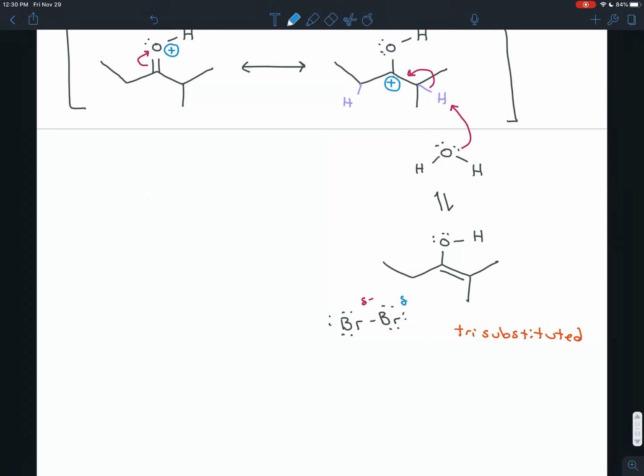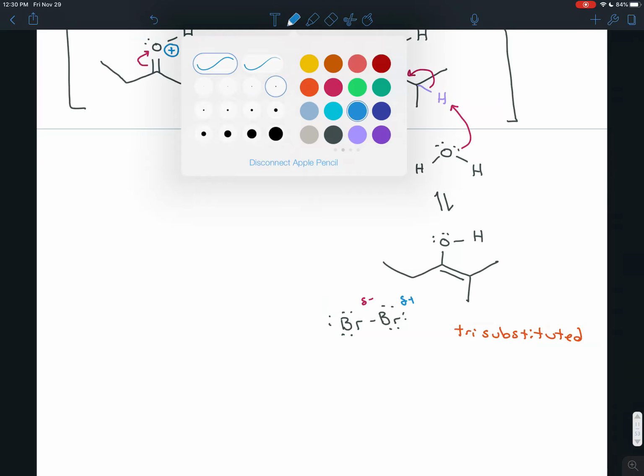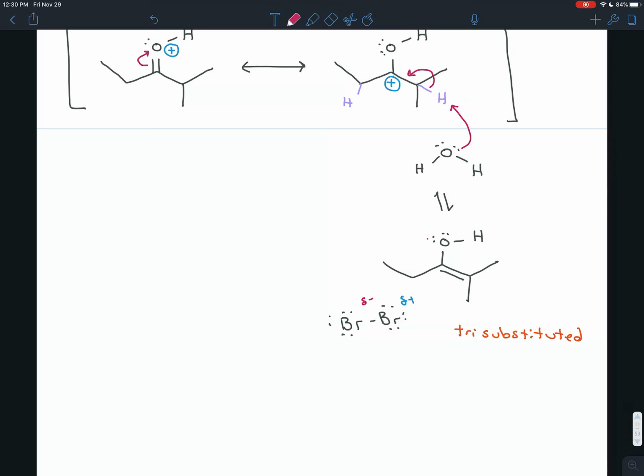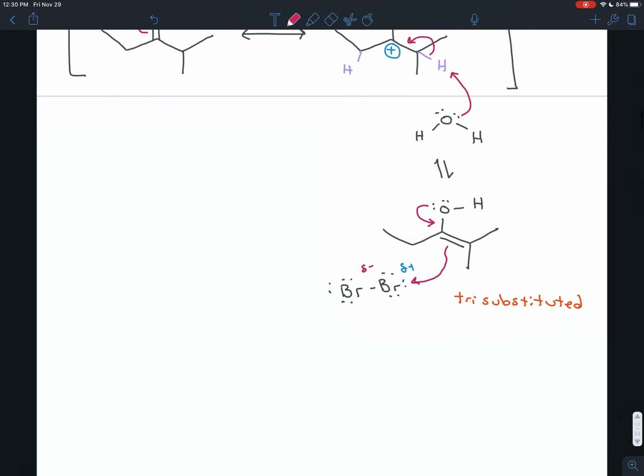The side of the bromine facing it would become slightly positive, and with a little push from the electrons in the oxygen to stabilize the carbon as these leave, these pi electrons can attack that bromine and kick the other bromine off. So this is nucleophilic attack.